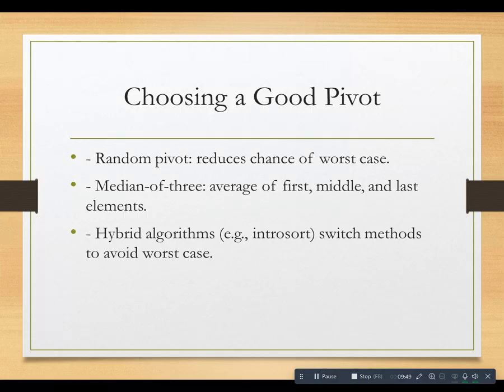Next is hybrid algorithm, which is introsort. This is outside the scope of our current discussion, so we are not going into any more details about it. So the two things that you should keep in mind is either you can select a number randomly.